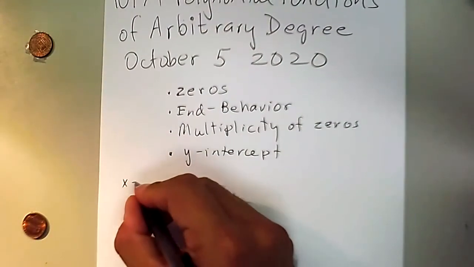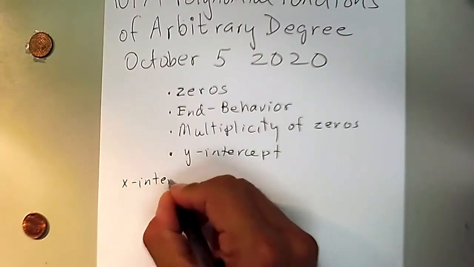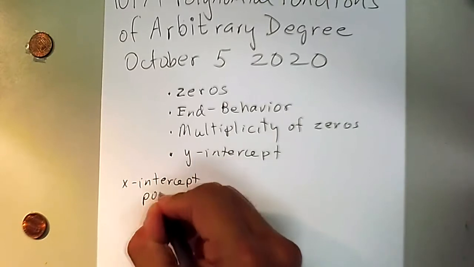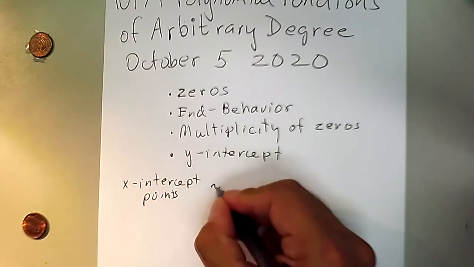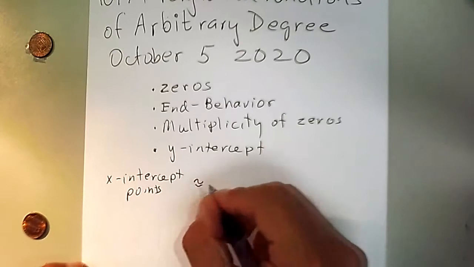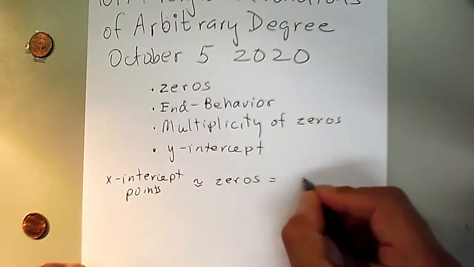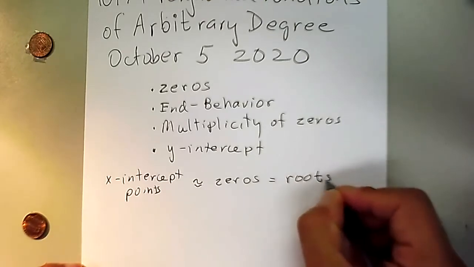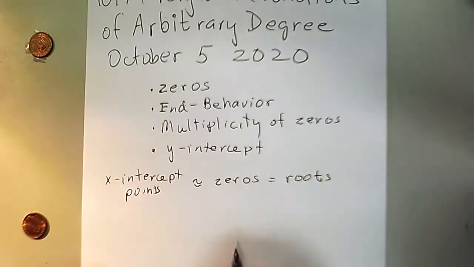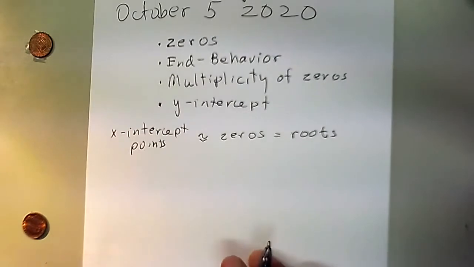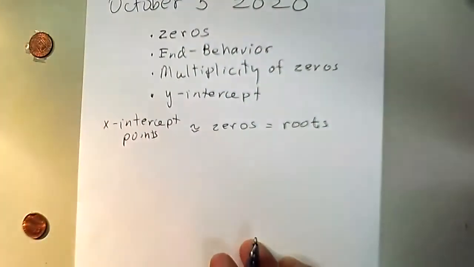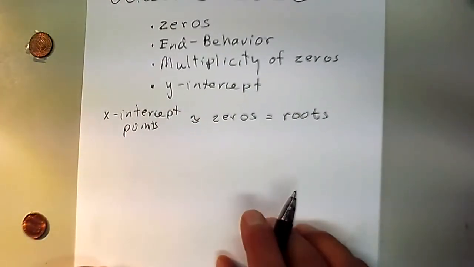So x-intercept points are sort of zeros, which is the same thing as roots of a polynomial. Okay, so in my experience, the best way to show all of this is with examples.